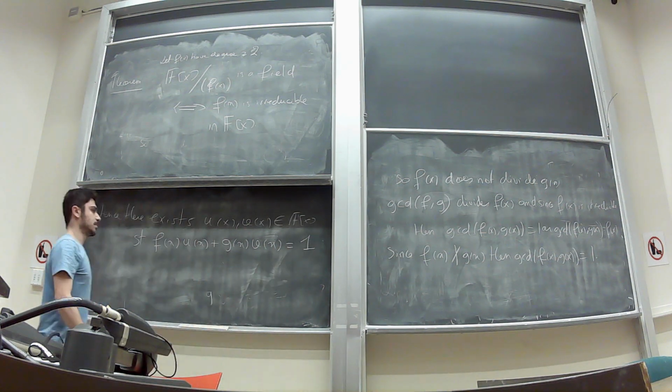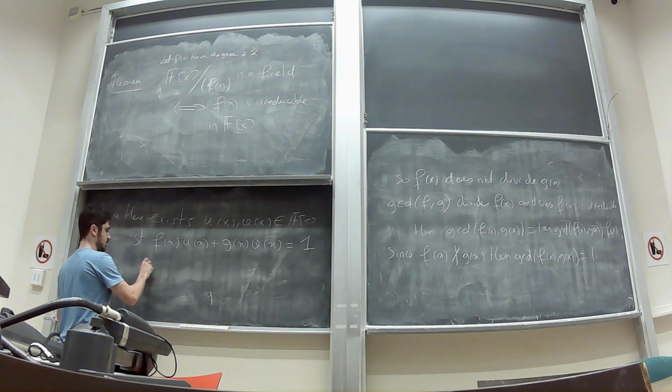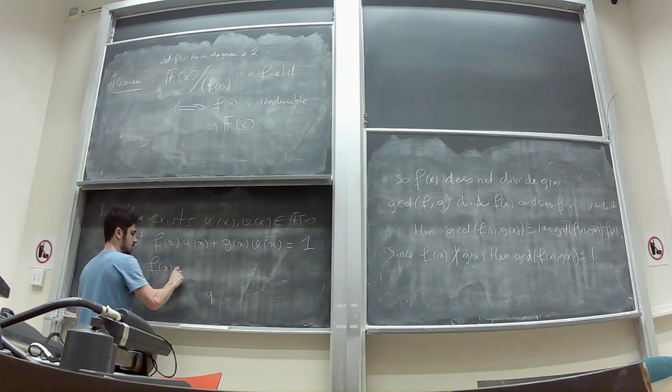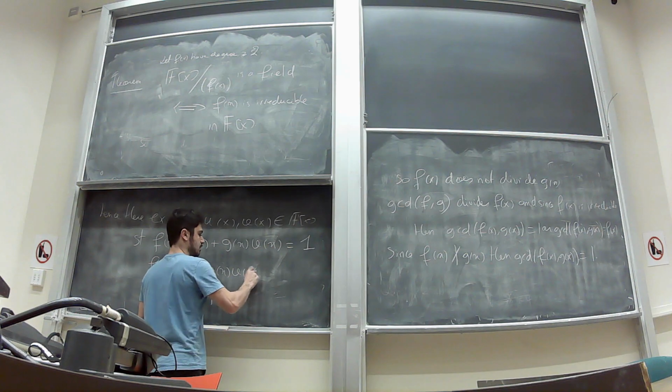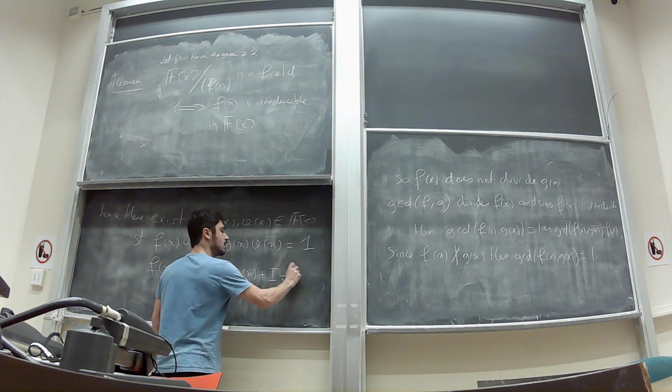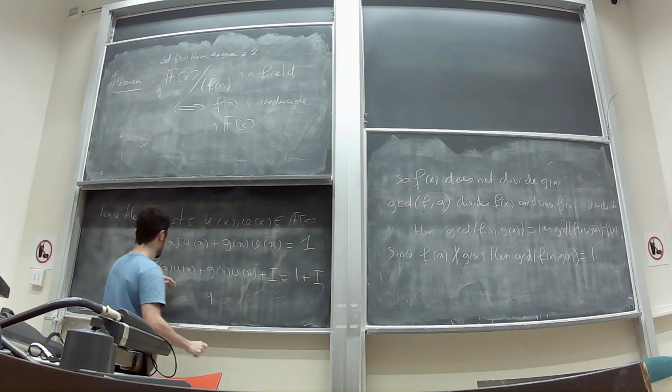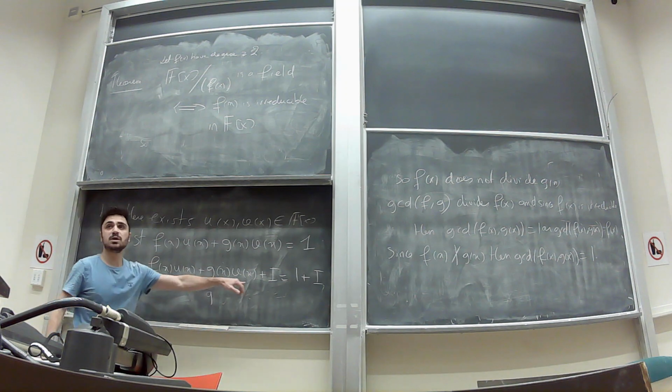is equal to 1. Take this modulo I. What do you get? Plus I is 1 plus I. Now, does f of x u of x belong to I or not?